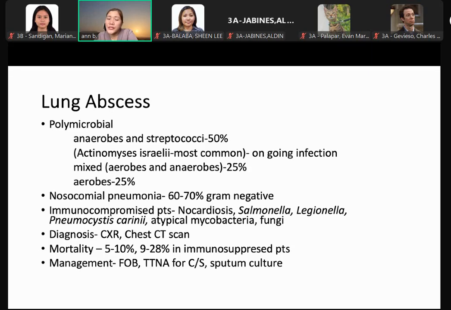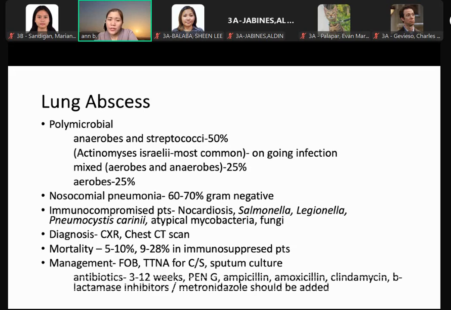Management, again, drainage by fiber optic bronchoscopy. We could do also the transthoracic needle aspiration for culture and sensitivity so that your treatment would be directed to the bacterial growth. Sputum culture, here in the provinces, we don't have this, but in Lung Center, we have the sputum culture for TB, especially if you could get tissue for mycobacterial TB culture.